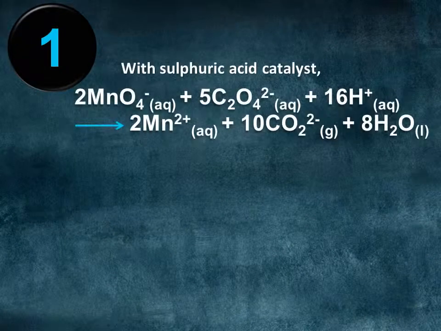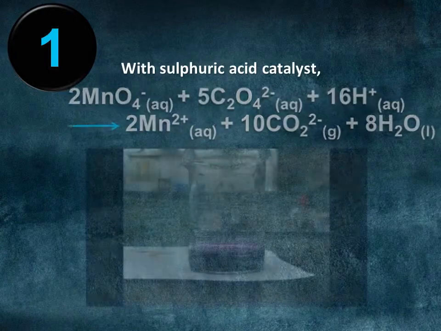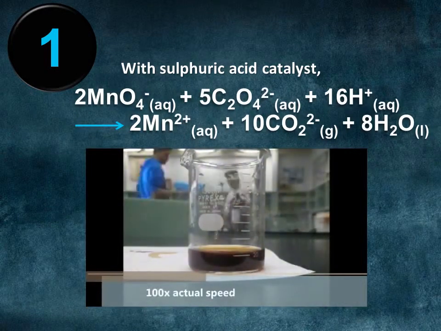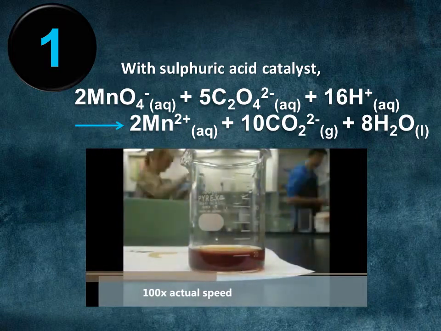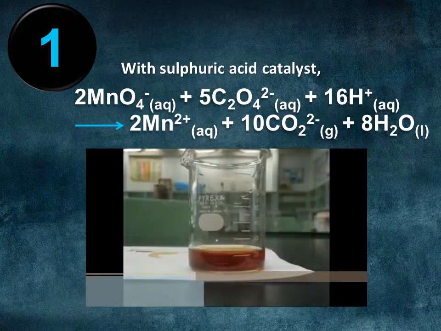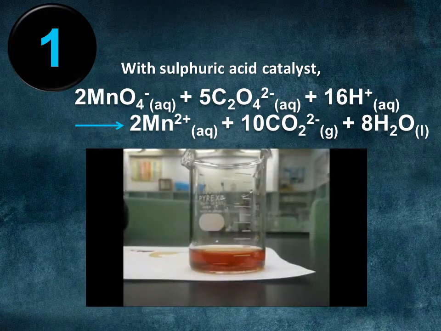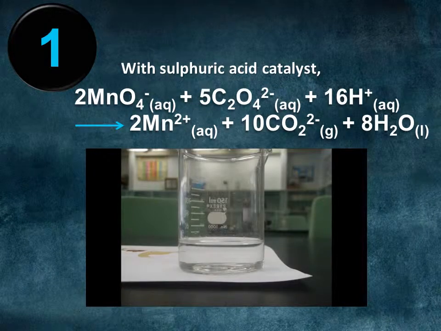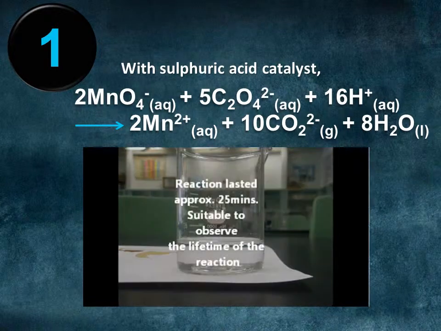The reduction of purple potassium permanganate by oxalate ions was also observed. There were two stages in the reaction.